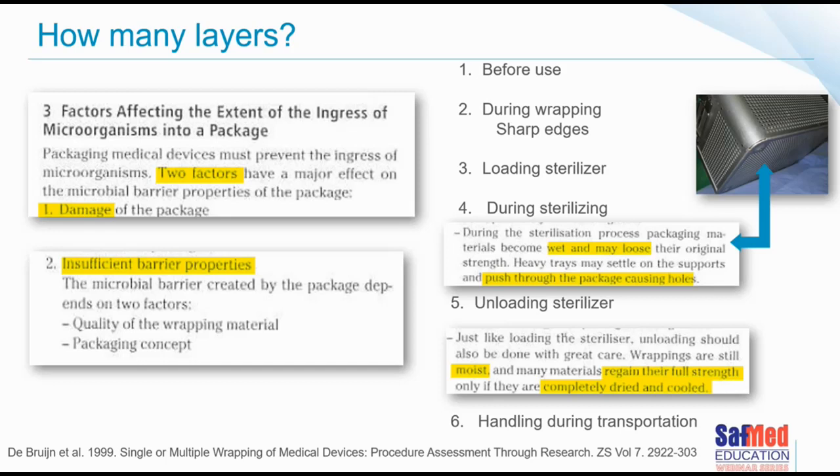Of course, damage to packaging can occur before use, so in manufacture, on arrival, during transport, once you're preparing it, a number of ways that it can get damaged. During wrapping itself, and of course he refers to sharp edges. And during wrapping, I've seen a lot of people with very confined spaces.